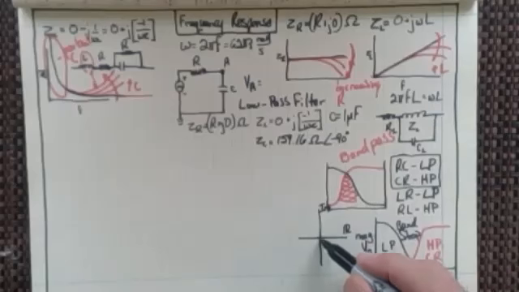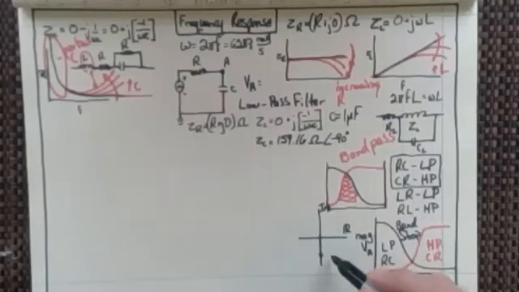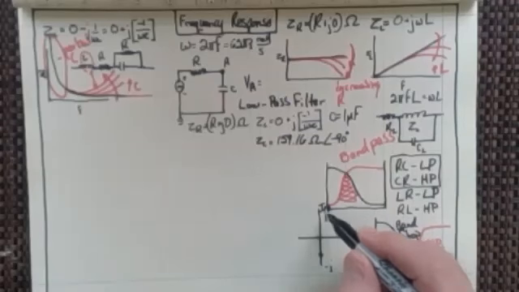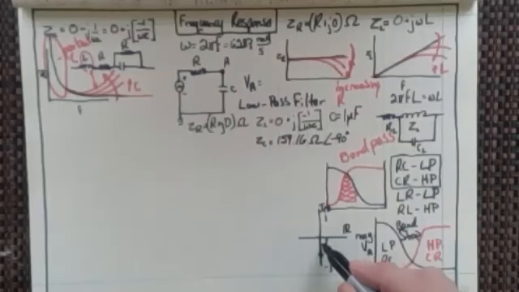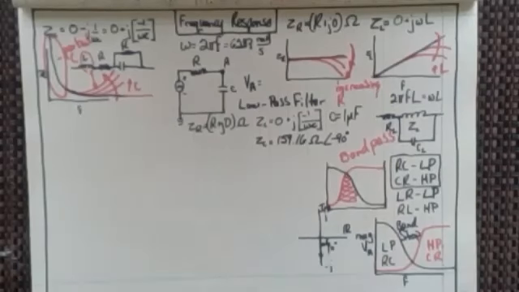Now we know that this is in the minus j direction, and of course the j direction is up on the top. So that would be at minus 90 degrees. It would also be at plus 270 degrees, and whichever way you'd like to write it, that's perfectly fine with me.